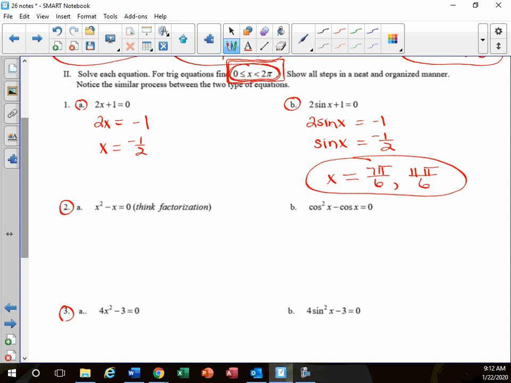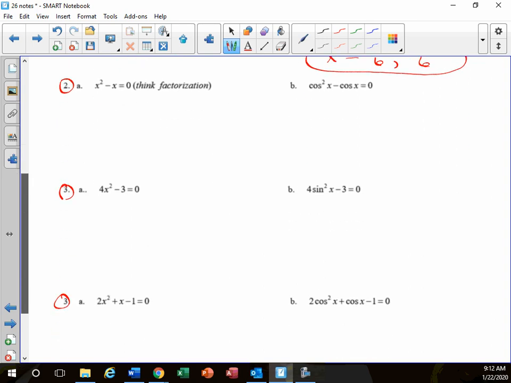Does that make sense? I could do weird things and change the window on you and say, only give me answers from negative 4 pi to negative 2 pi. I'm not going to do that, but you want to make sure the answer you give is in the window. All right, on these, do the A first, followed by the B, because it's going to be the same process.